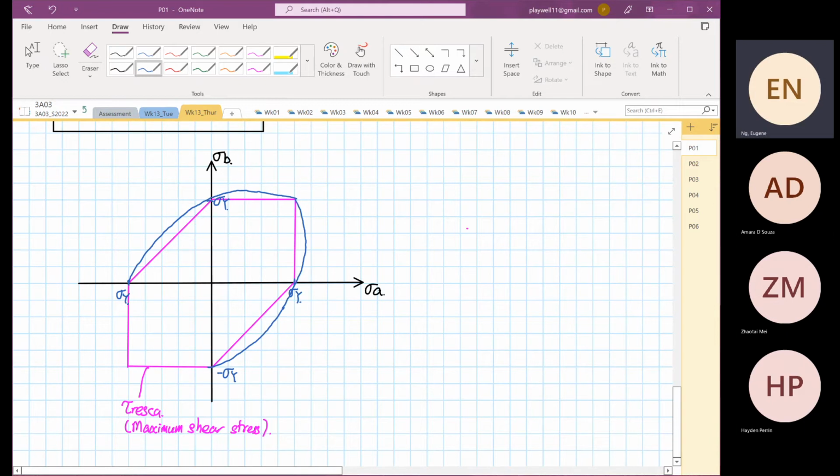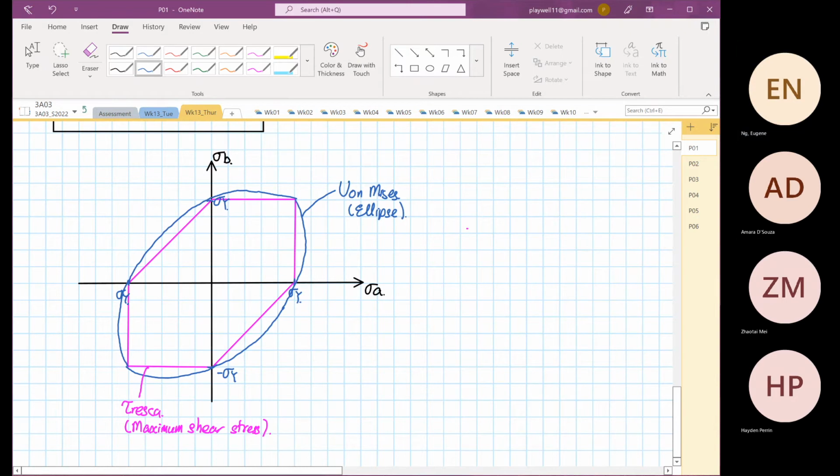Okay, it looks like an ellipse. So the blue is von Mises, which looks like an ellipse.